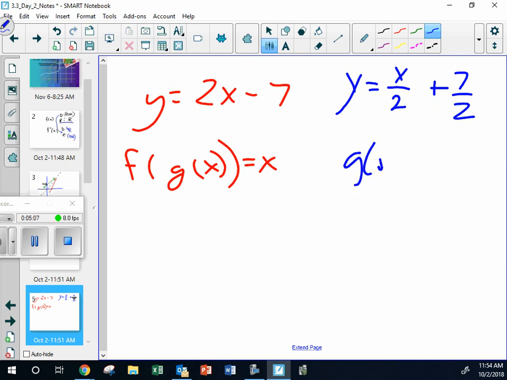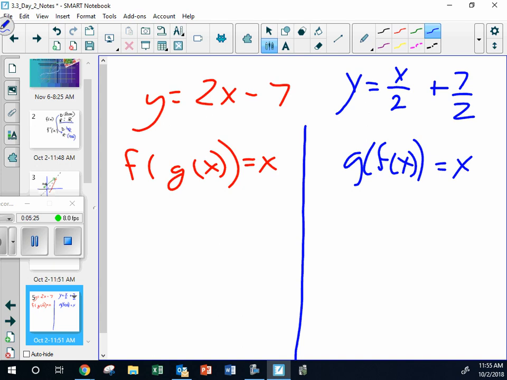Yeah, g of f of x is equal to x. If they are both equal to x, then they're equal to each other, and they are inverses. All right, so this will test, do you remember how to make one function eat the other function?